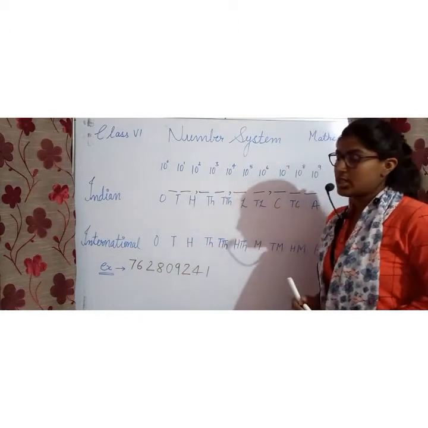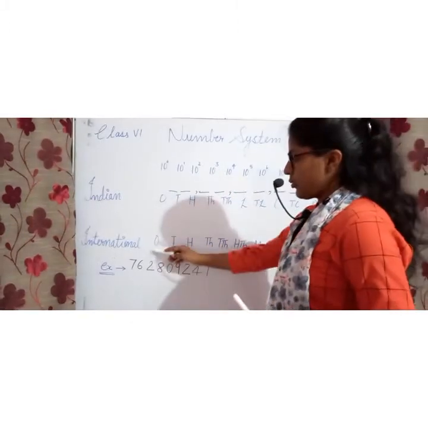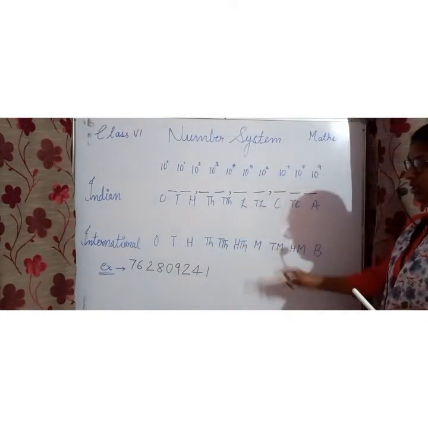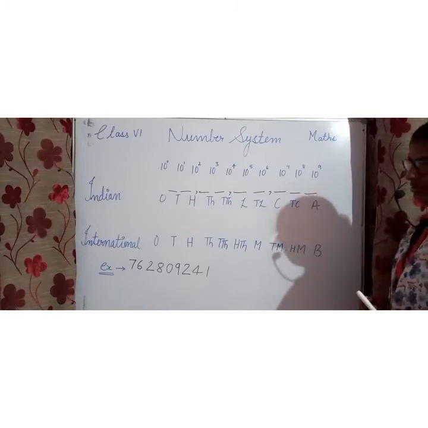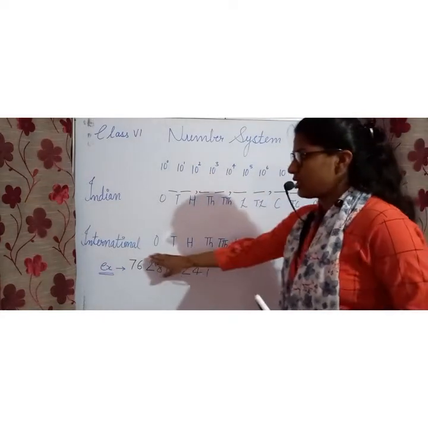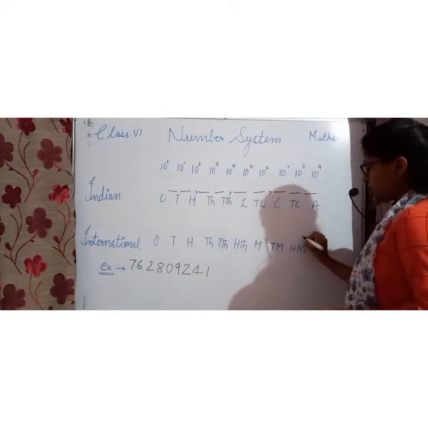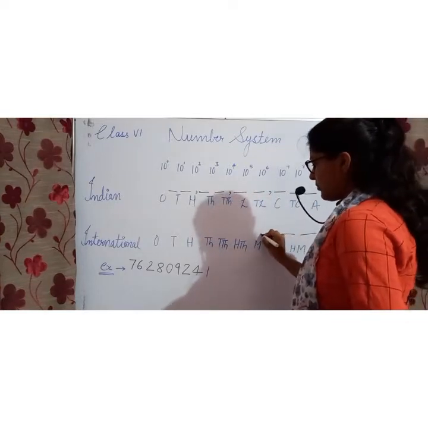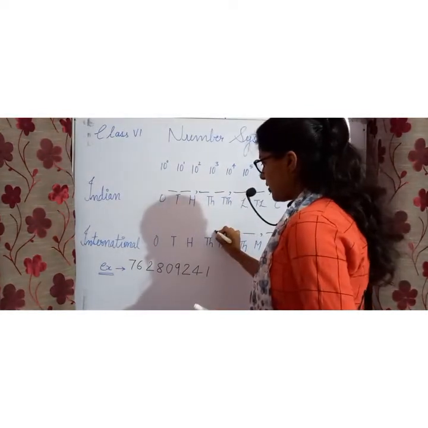Now, the international number system. In the international number system, you can see the place values here: ones, tens, 100, 1000, 10,000, 100,000, million, 10 million, 100 million and billion. These are the place values in the international number system. How can we write any kind of number in the international number system? Ones, tens, 100. Then make a comma, 1000, 10,000, 100,000.